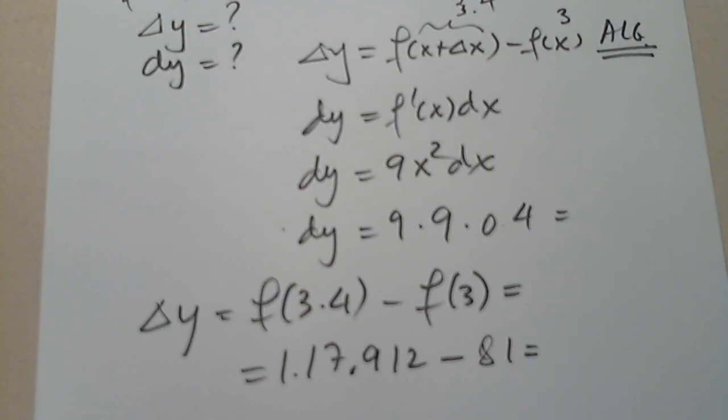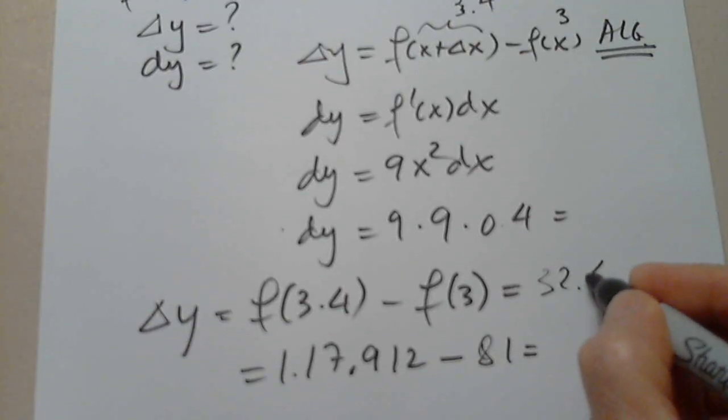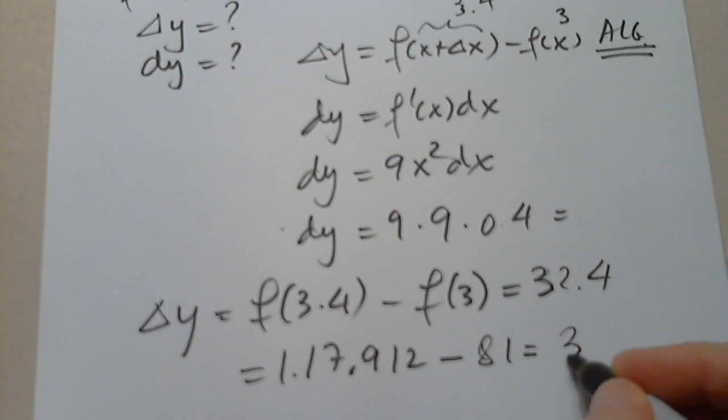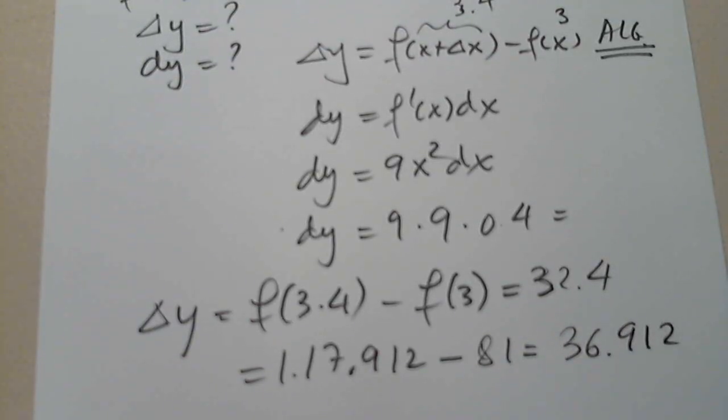Okay. And then the other one is 81 times 0.4, and it's 32.4. And if you want, 117.912, and you subtract 81, and I get 36.912.